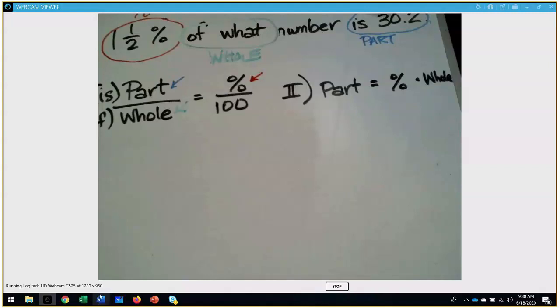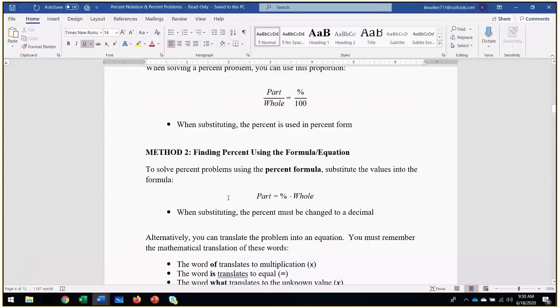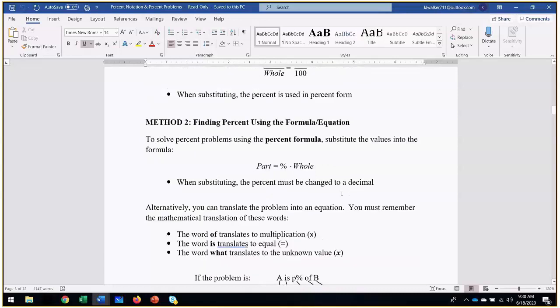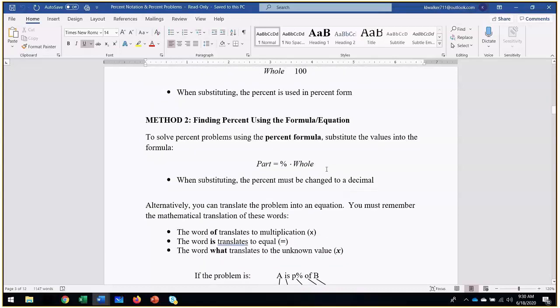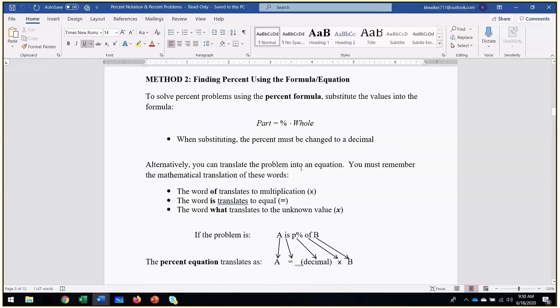So let me go back to the paper real quick. It's the part equals the percent times the whole thing. It's just a different way of doing it, with an equation or a formula instead of a proportion. So some people prefer this. It just depends on your preference.